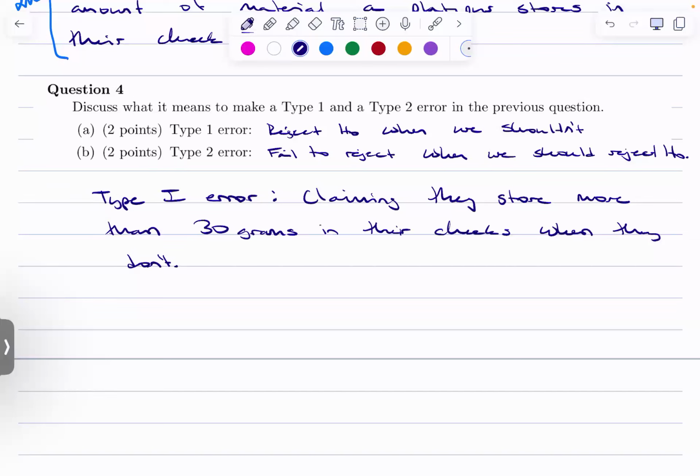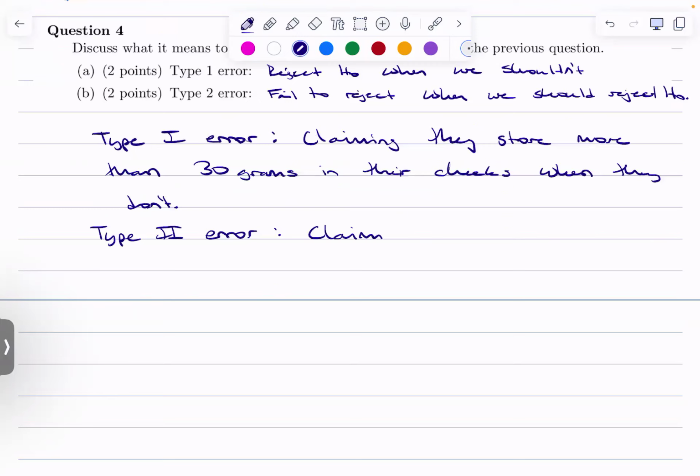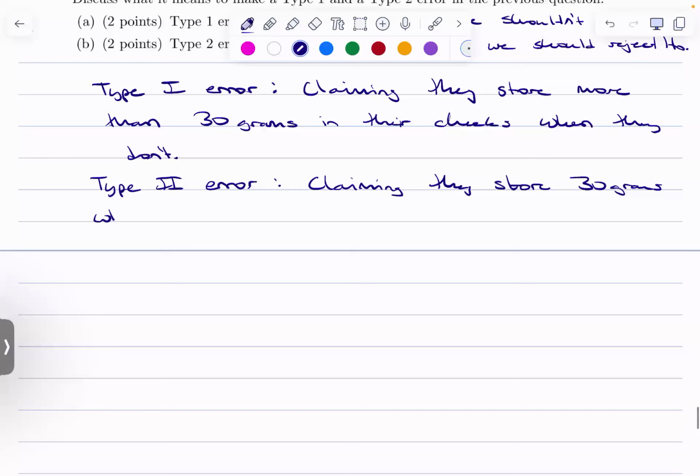That would be rejecting H naught when you shouldn't have, versus a type 2 error in this case, which would be claiming they store 30 grams when they actually store more than 30 grams.